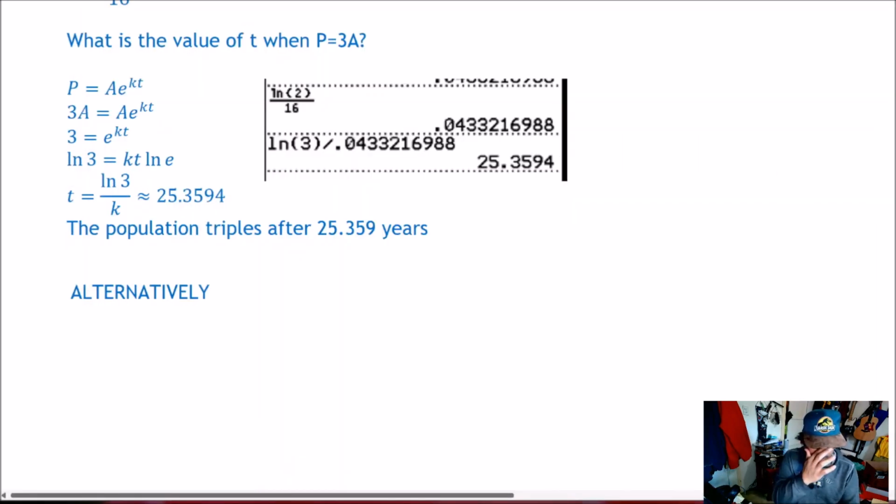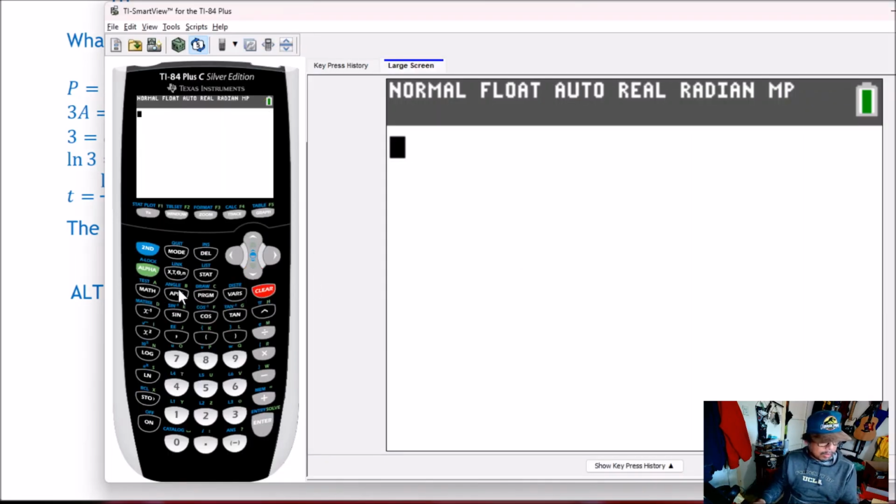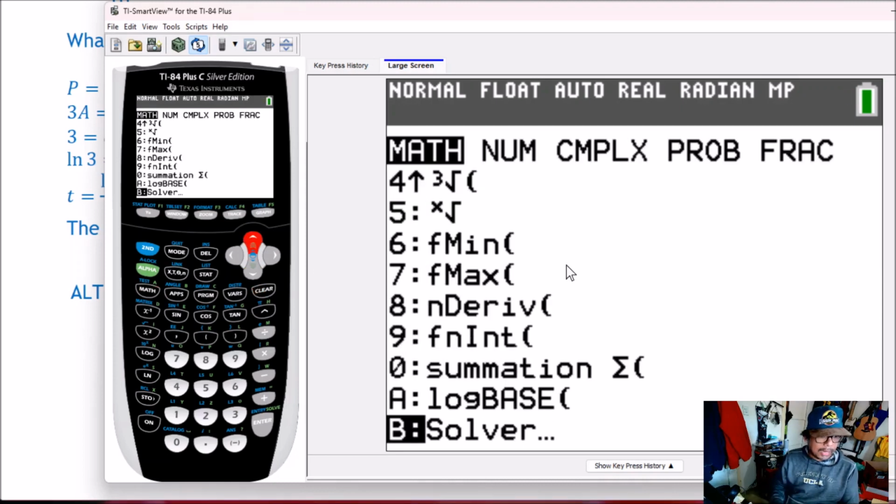Now I should mention that there is another way of doing this, and that involves using our solver. So let's get to our solver and look at our alternative way of doing this. So alternatively, let's just clear up and get to our solver.